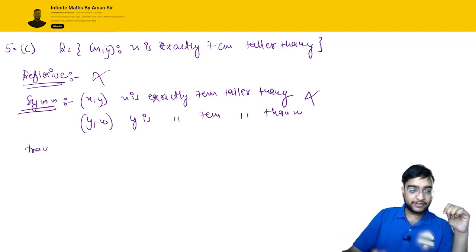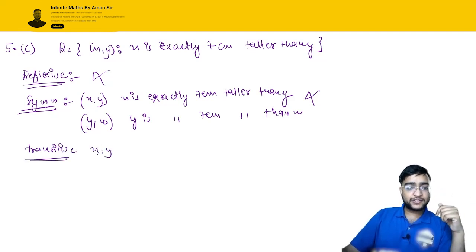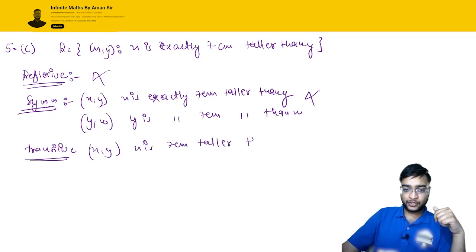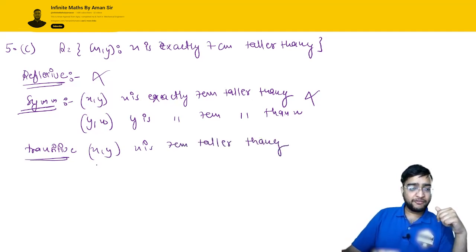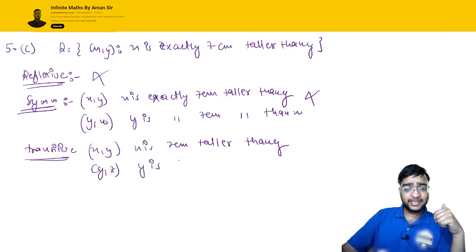Let's say for the transitive relation. For the transitive one, x comma y: x is 7 centimeter taller than y. Okay sir, no problem sir. For y comma z: y is exactly 7 centimeter taller than z here.